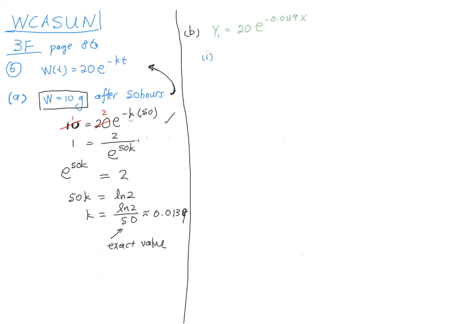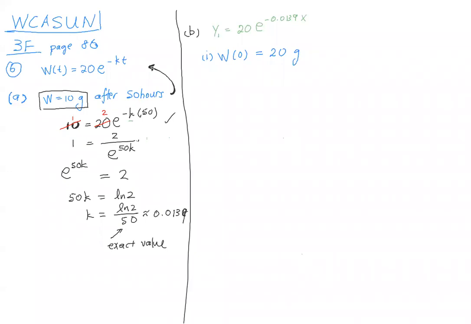What are we trying to find for part 1? Initially means t equals 0, so we write W0. We use our GC and get the answer. Nicholas, can I have the answer? 20 grams.